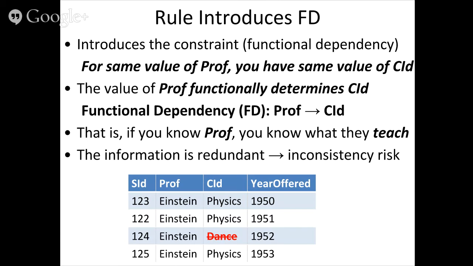Because we introduced this new rule, we have identified a functional dependency. None of them are primary keys. Neither one is a primary key. There's no way for us to enforce any constraints, so we are allowed to introduce bad data. It's not going to stop us.